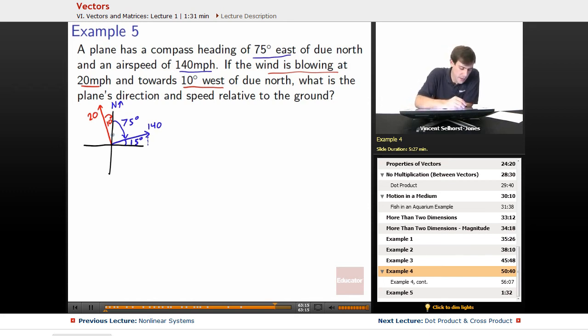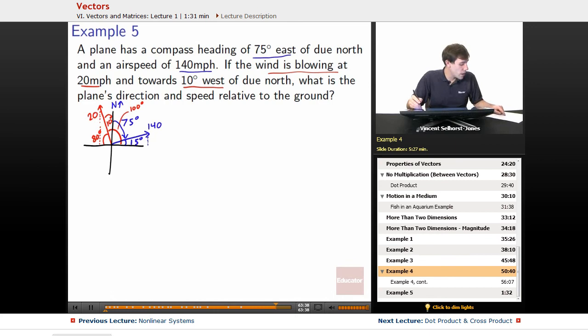Notice that the total angle for that is going to wind up being 100 degrees if we wanted to figure that out, or we could also look at it as 80 degrees here as well. So depends on which one you think is easier. I'm going to go with the one inside of the triangle, and we'll just have to remember to deal with the fact that our horizontal is going to be negative when we're working on the wind.